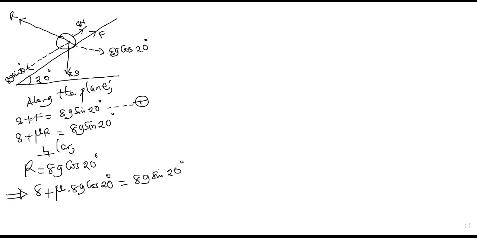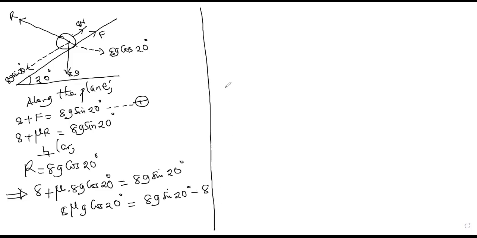Am I clear? Yes. So it means that 8μg cos 20 degrees is the same as 8g sine 20 degrees minus 8. And this will give you the value of μ as (8g sine 20 minus 8) divided by 8g cos 20.